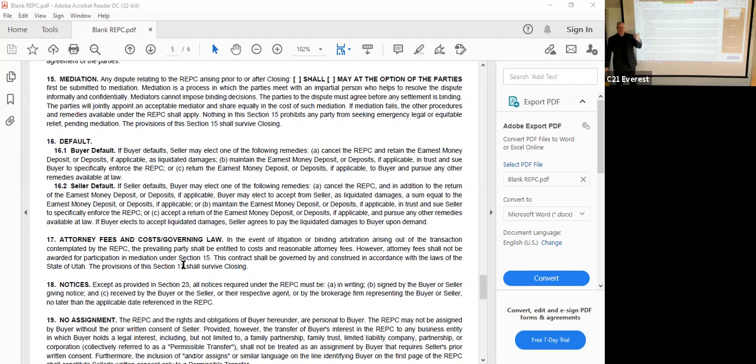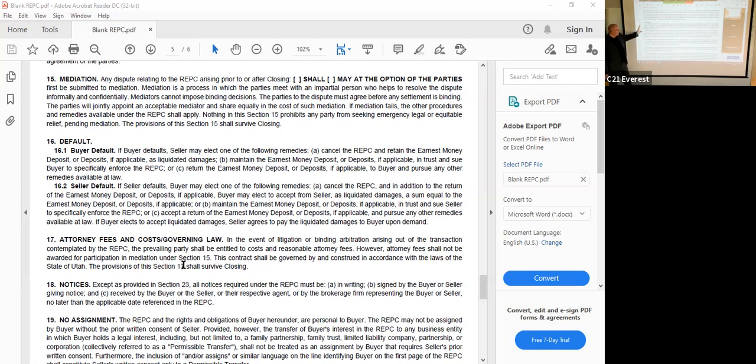A, retain the earnest money that's been deposited as the remedy. B, go to specific performance, so basically perform on the contract. Or C, the earnest money is returned to the buyer, and then you pursue whatever remedies of law.